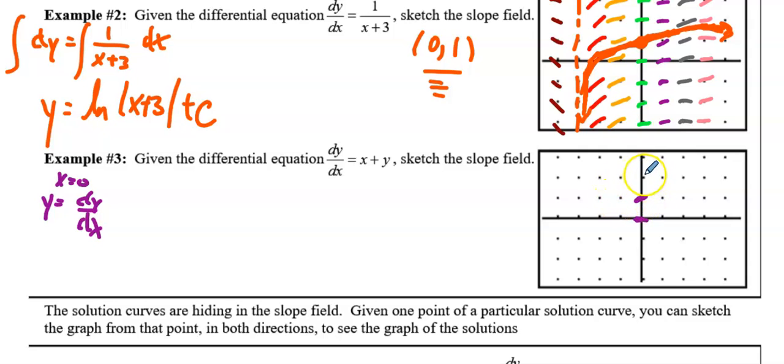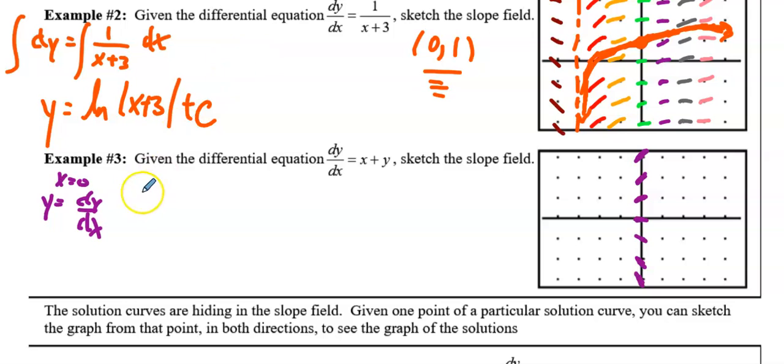When y equals 2, my dy dx is going to be positive 2, and then 3. So we get a little bit steeper as we go up our line here. When y is negative 1, it's going to be negative 1, right? They're just equal to each other. Y equals negative 2, and then negative 3. So that's a really easy way of seeing this axis.